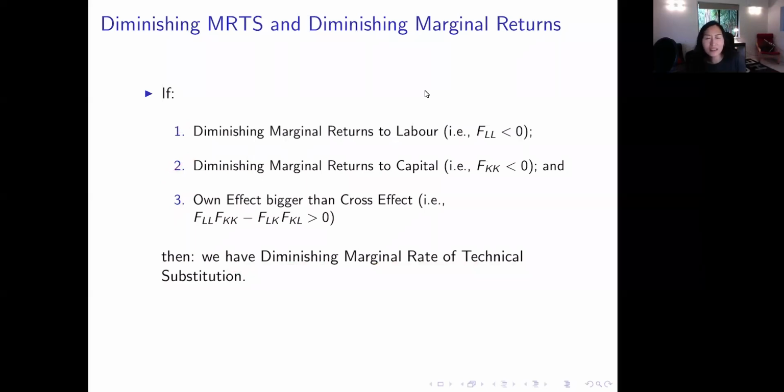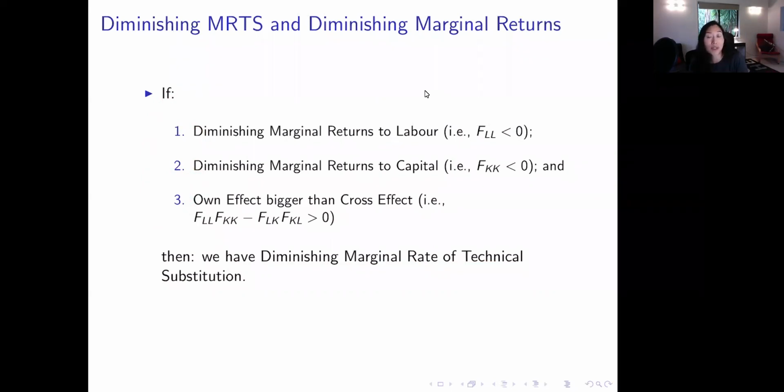Does it make sense? If you can verify all three and all three hold, then for sure we have this. But if we do not have one of these conditions, it does not mean that we do not have diminishing marginal rate. So these three conditions are sufficient, but not necessary, conditions for the diminishing marginal rate of technical substitution.